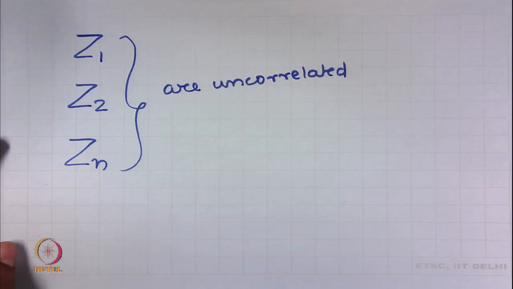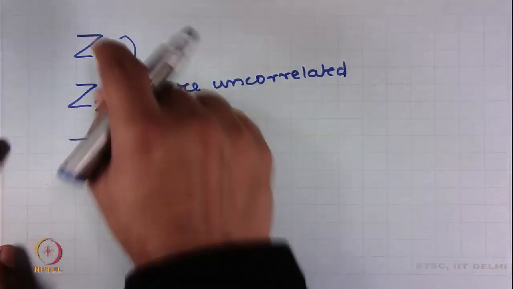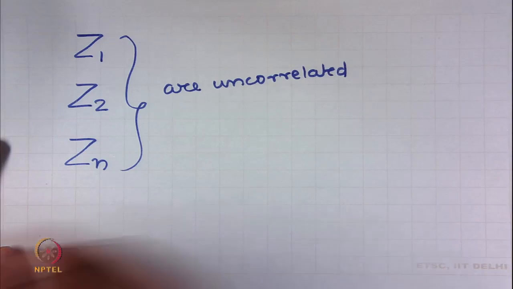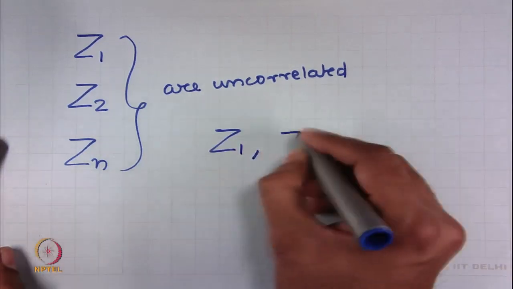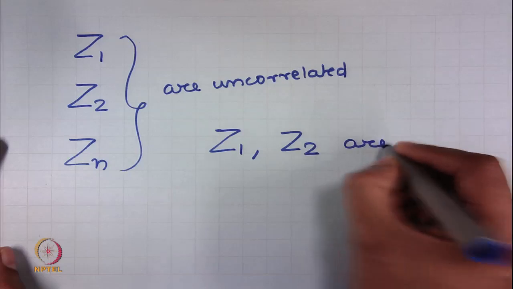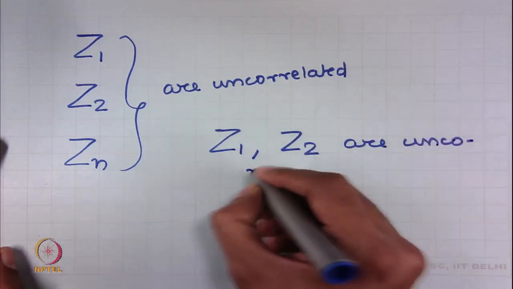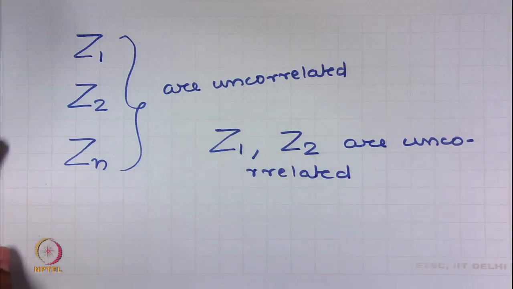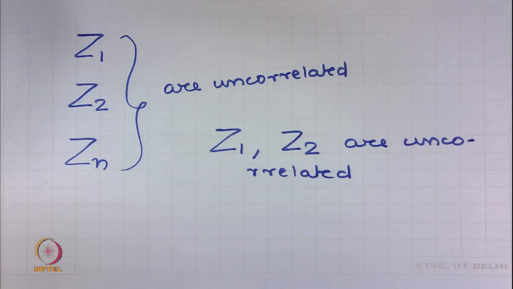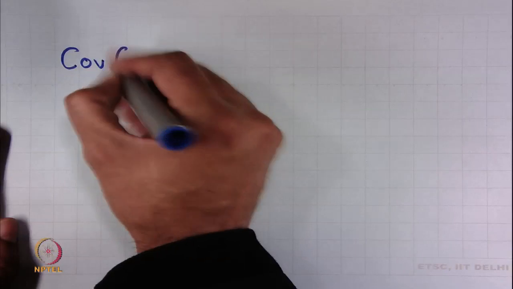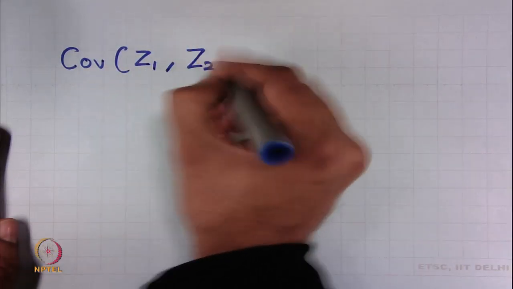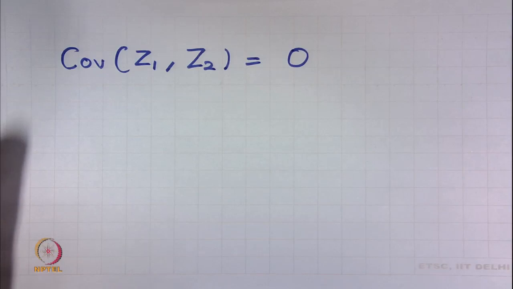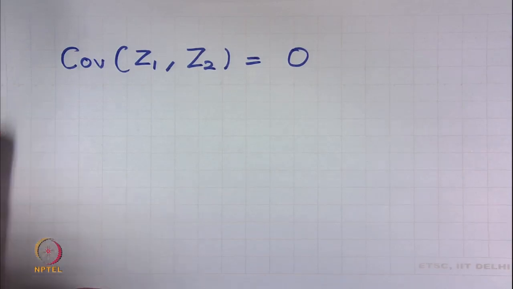And to begin thinking about this, let us just start by taking two random variables z1 and z2, and let us see what happens if z1 and z2 are uncorrelated. Now, if these two random variables are uncorrelated, their covariance must be 0. Okay. So, covariance of z1 and z2 must be 0 if z1 and z2 are uncorrelated, right. This is how we define uncorrelated random variables.